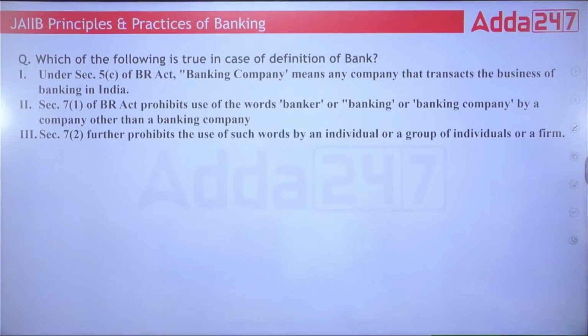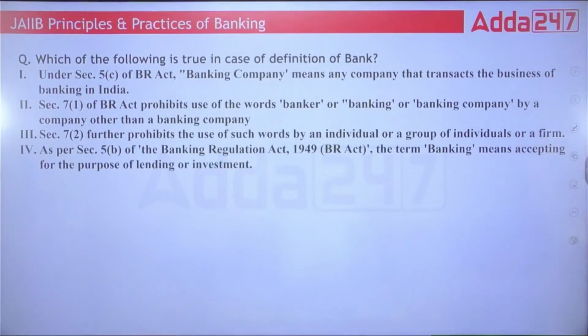Section 7(2) further prohibits the use of such words by an individual or a group of individuals or a firm. As per Section 5B of the Banking Regulation Act 1949, the term banking means accepting for the purpose of lending or investment. And the options are only 1 and 2, only 2 and 3, 1, 2 and 3, all are correct.